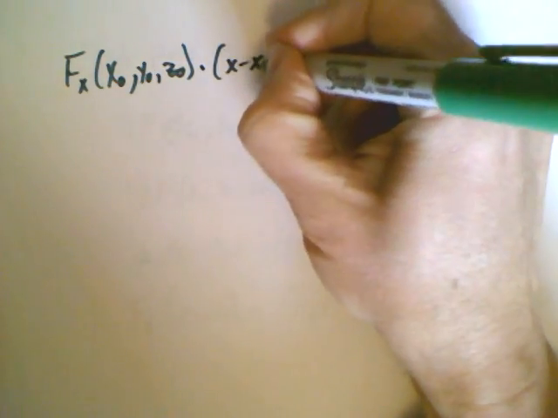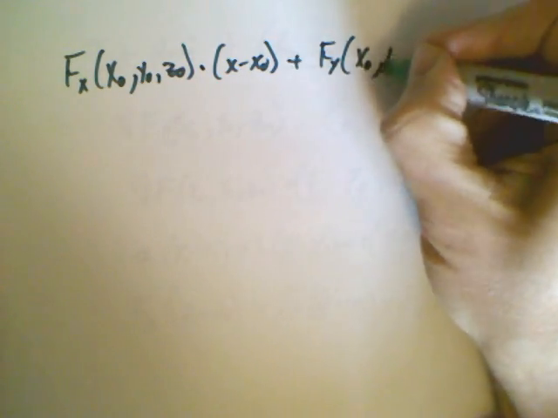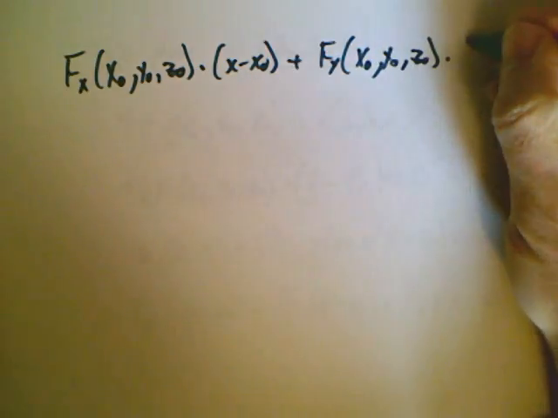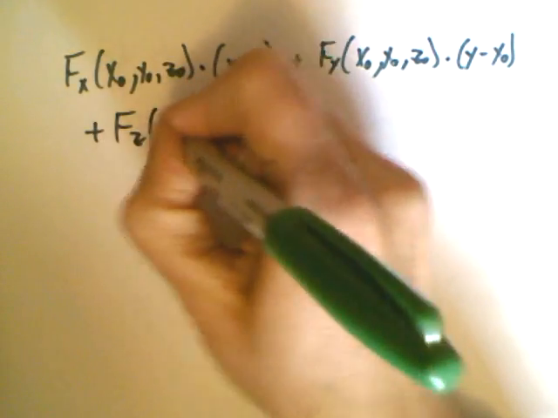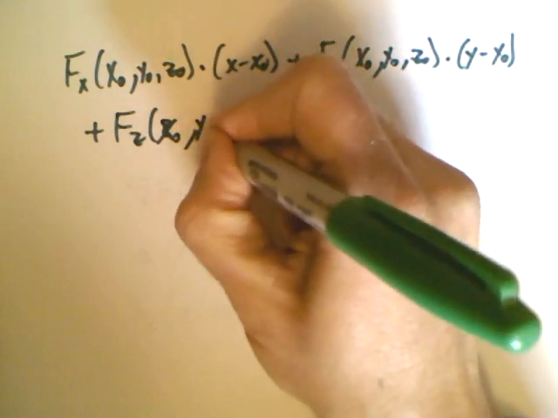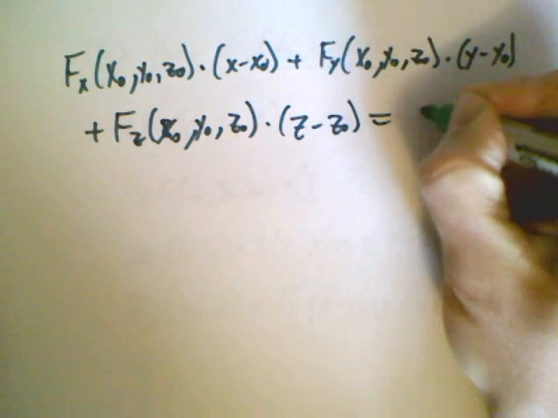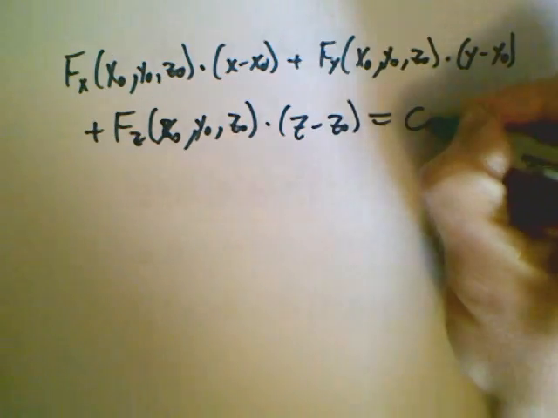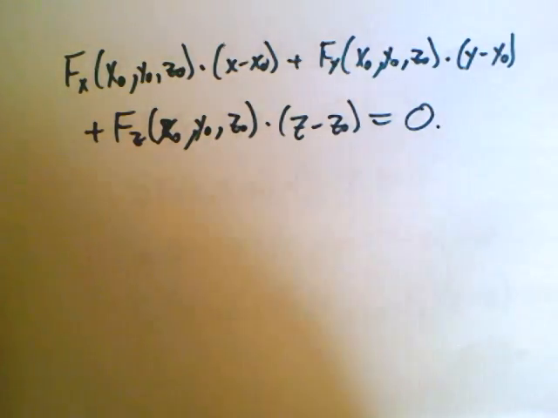So in its full form, it's take the x derivative at the point you care about times x minus x naught, plus the y derivative times y minus y naught, plus the z derivative at x naught, y naught, z naught times z minus z naught equals 0. It's really easy, you just plug in. Okay, and I'll do an example now.